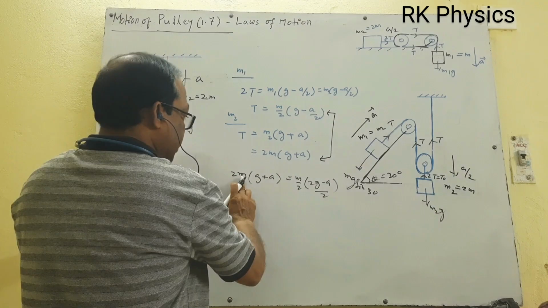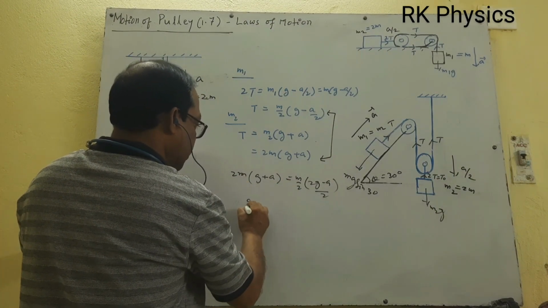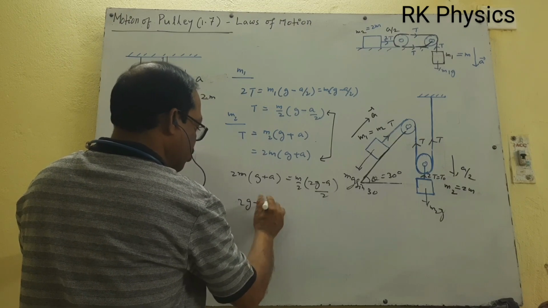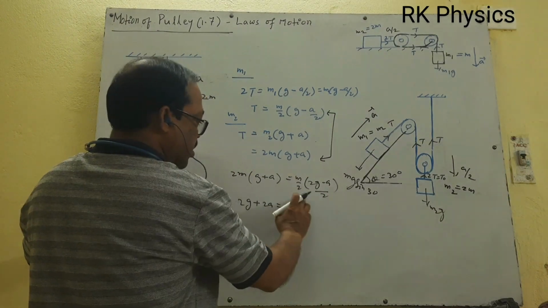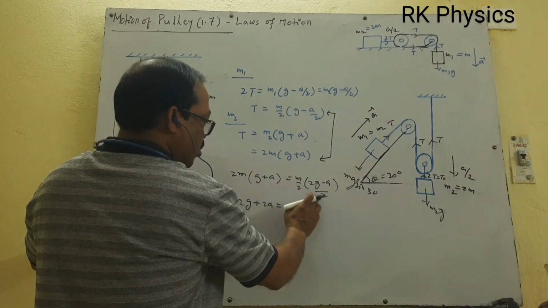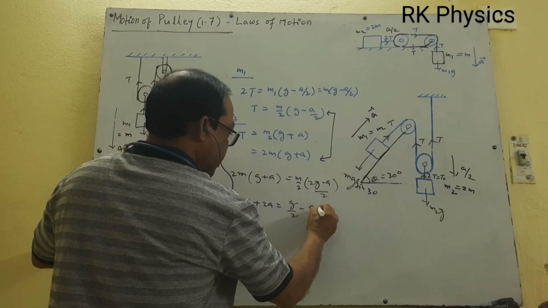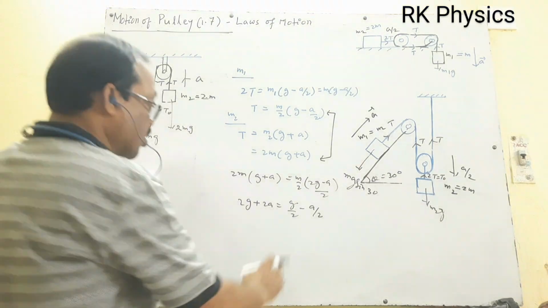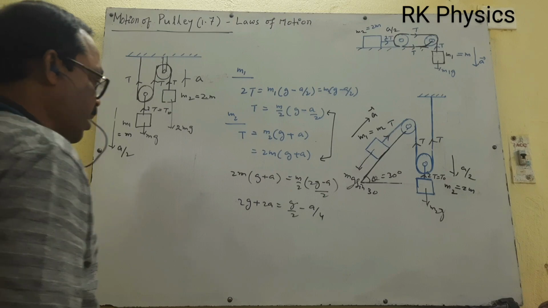Now m gets cancelled, this is g plus a. 2g plus 2a, right, 2g plus 2a, m cancelled, 2 to 4, this is g by 2 minus a by 4. Okay, g by 2 minus a by 4.